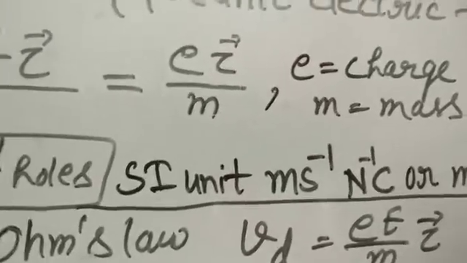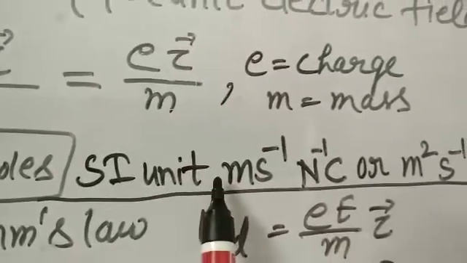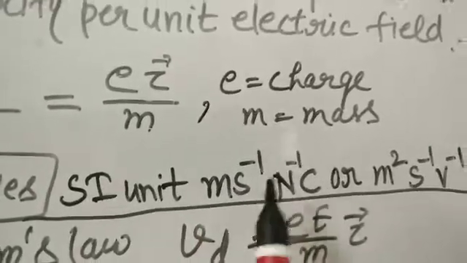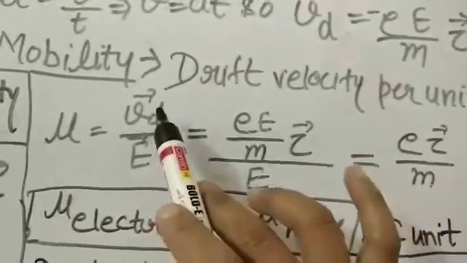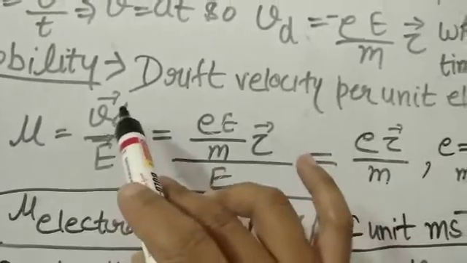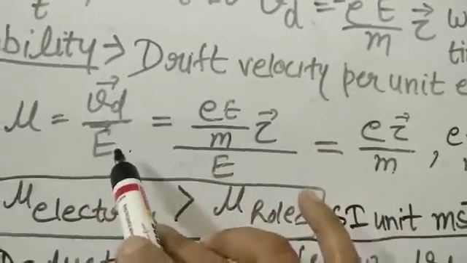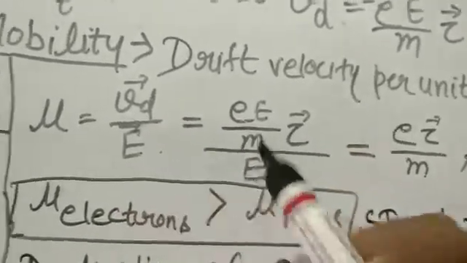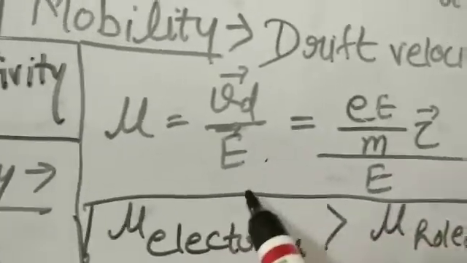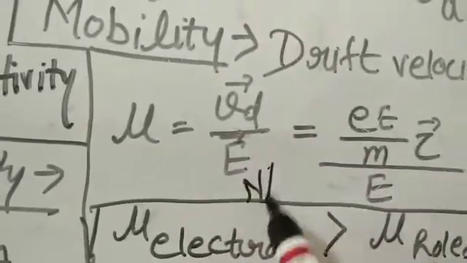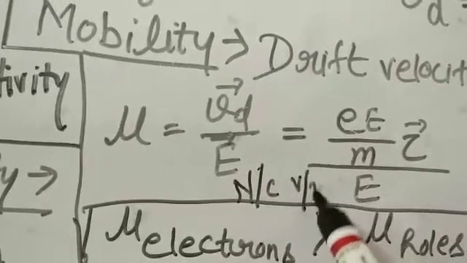Next we have a very important term: the SI unit of mobility. Mobility is the drift velocity upon electric field. What is the unit of drift velocity? Meter per second. And what is the unit of E? E has two units, which I have already told you: Newton per coulomb and volt per meter.